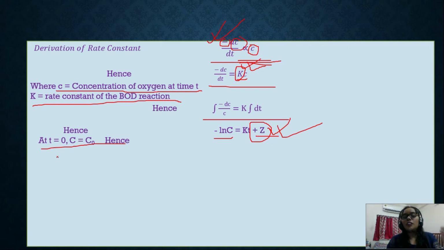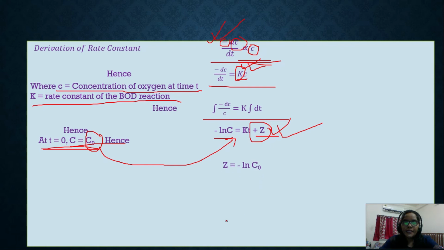While t equals 0, that means at the initial time, the concentration of oxygen we can consider as C0, so C equals C0. If we put all these values in this equation, with t equal to 0 and C equal to C0, then we will get the value of z.